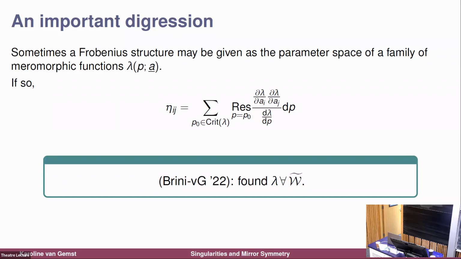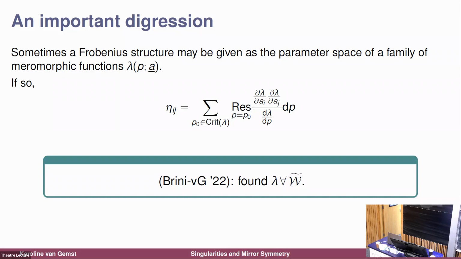Right, so before I go further, I wanted to make a small digression, which, again, has been talked about more than I expected so far. And that has to do with this Landau-Ginzburg superpotential or Landau-Ginzburg model in the world of Frobenius manifolds.